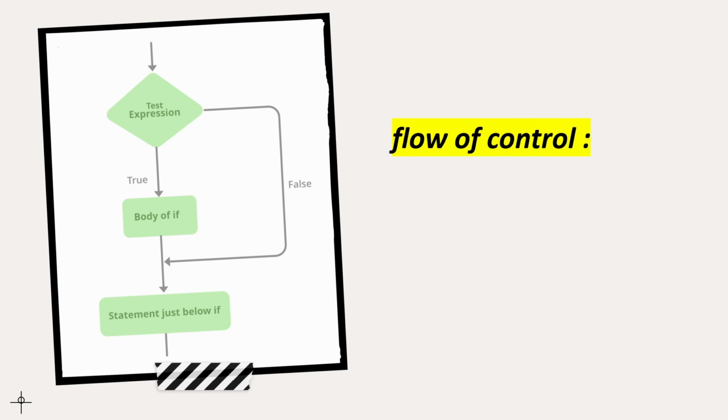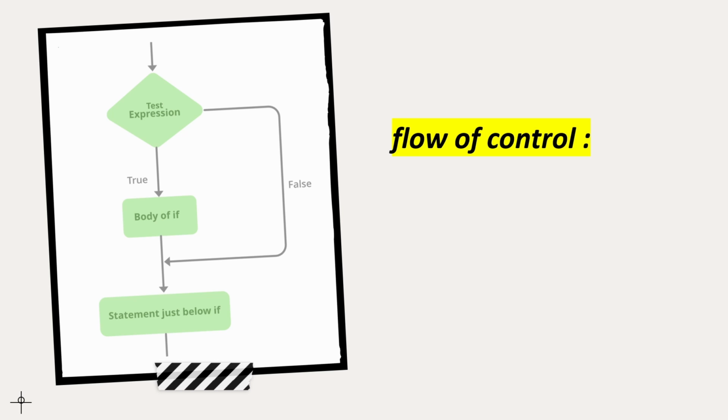So coming to the flow of control, this is a simple diagram. I will explain this. You can write a matter on this on your own in your examination if this question appears, right? Basically the control starts, the control enters the test expression, and it checks whether the expression is true or false, right?